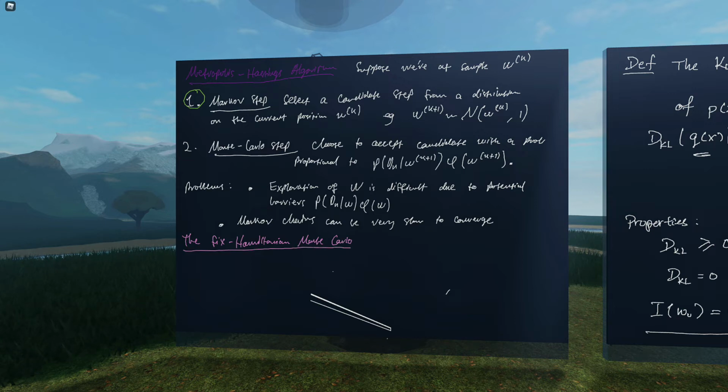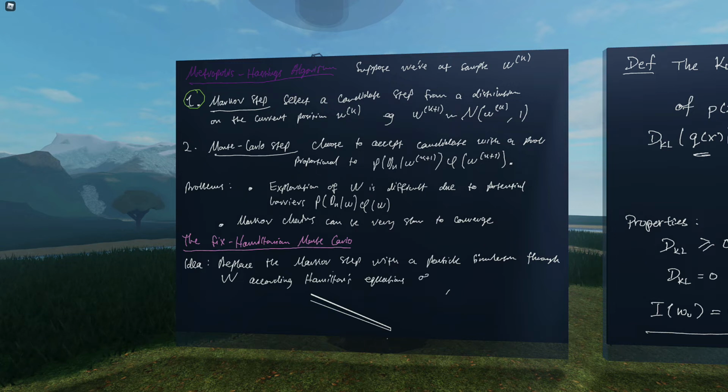The idea of Hamiltonian Monte Carlo is to replace the Markov step with a particle simulation through parameter space W according to Hamilton's equations of motion. So, I might move on to the next board.